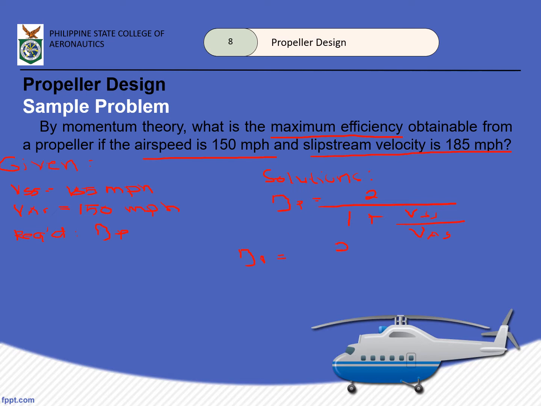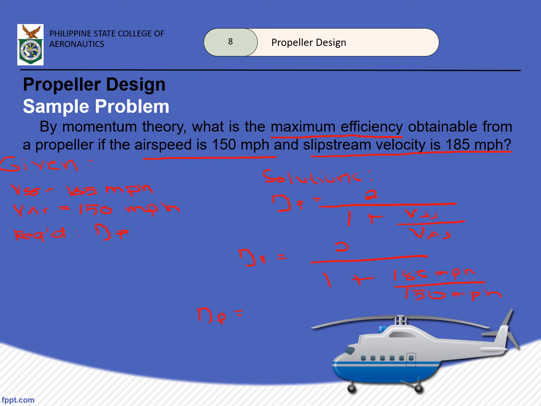Substituting our values, we have 2 over 1 plus, what is again our velocity in the slipstream, so 185 mph, and the velocity airspeed pala is 150 mph. In percentage siya, so i-multiply by 100.